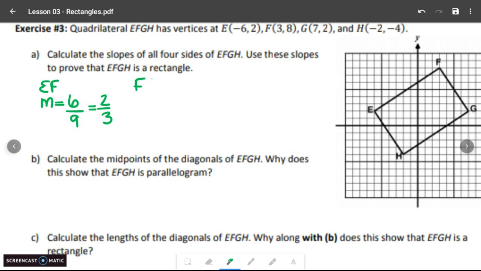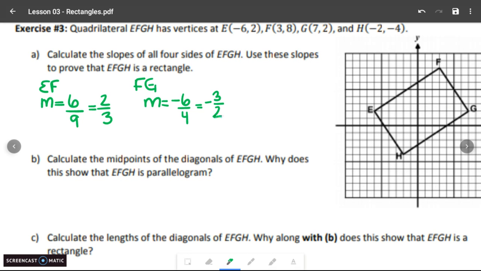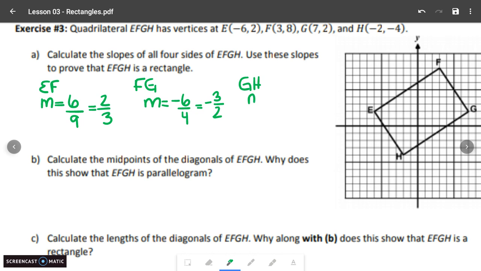We can do this for FG. FG is going to be going down this time because left to right, we're going down 1, 2, 3, 4, 5, 6, and then over 4. And if we do it again for GH, it's going to again be 2/3.